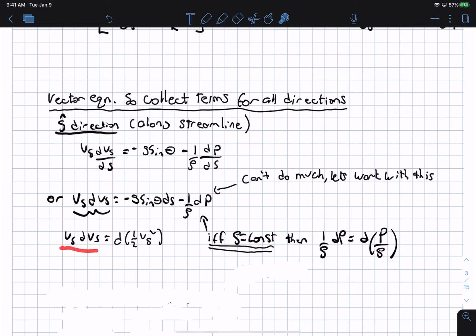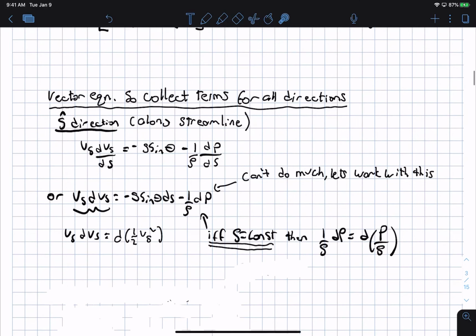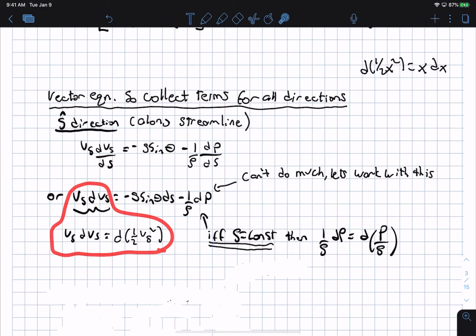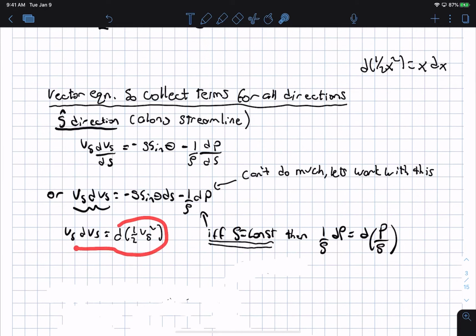And we can apply an identity here: v dv is equal to d of one half v squared. You can see that d of one half x squared gives you x dx. When you work in fluid mechanics, you see this trick quite a bit, and you just learn to see it after you get some experience.